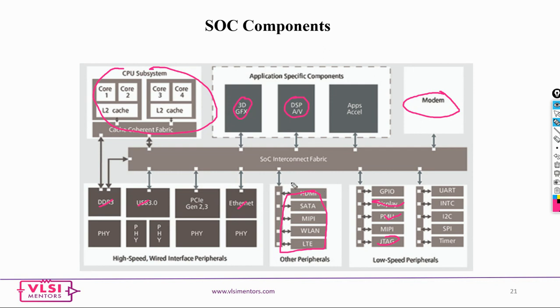So these are all the typical IPs that you will see in each and every IC. This is the block diagram we start with. This is how we want to design. These are all the IPs that we need, and this is how they are going to interact with each other. Remember, there will always be an interconnect fabric. The IPs talk to each other through this fabric only. Say, if the CPU has to talk to the modem, first it has to wait for its response, and once that response is received, these two will start communicating.